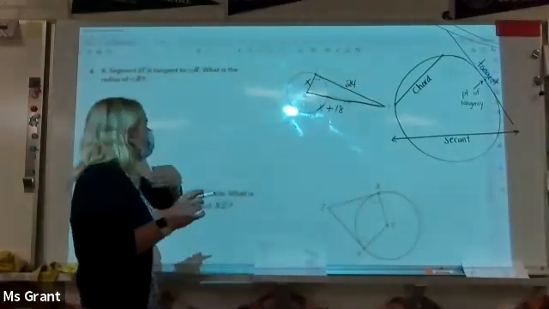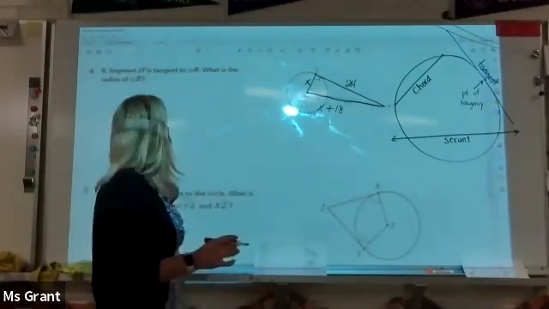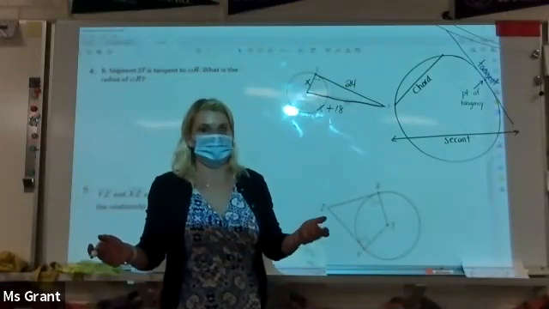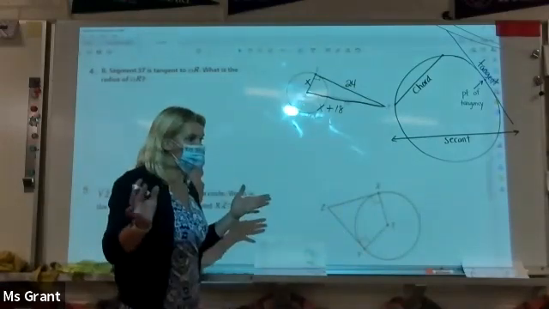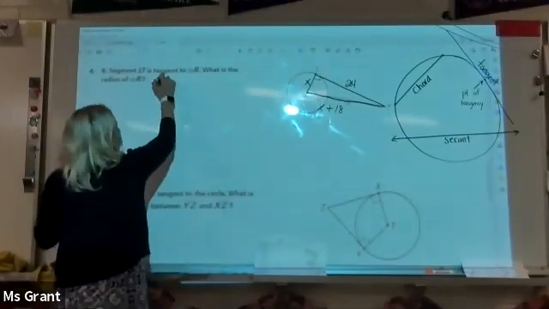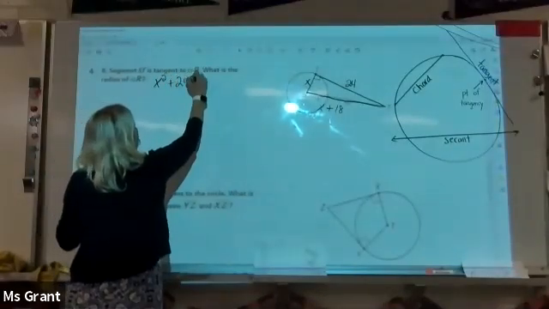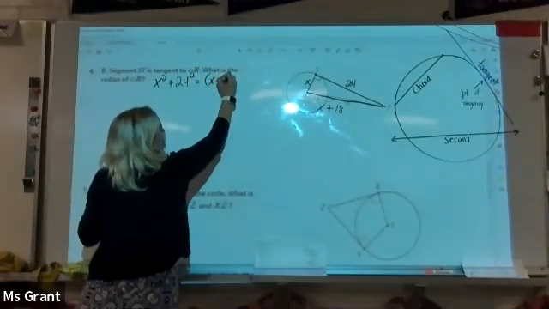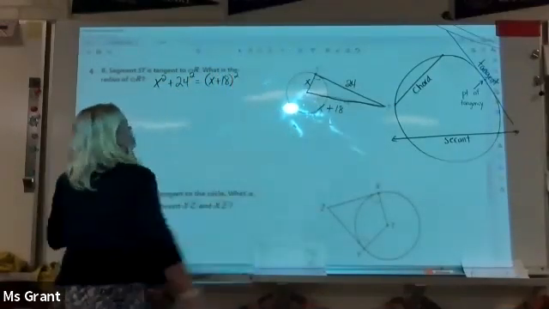Good. Now that means that if I want to know the radius X, I've got to solve for X. And the only way that I know how right now is to still do the Pythagorean theorem. X squared plus 24 squared equals, it's a binomial, X plus 18 squared.